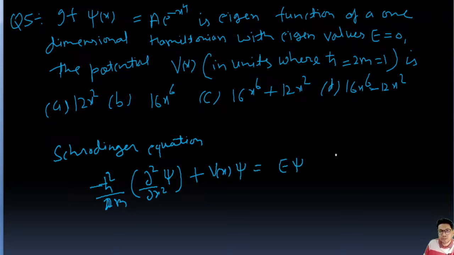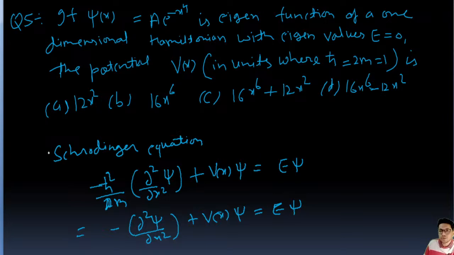This is the Schrodinger equation. So here it is given h cut equal to 1 and 2m equal to 1, right? So this is going to be minus del square psi upon del x square plus Vx psi equal to E psi, okay?